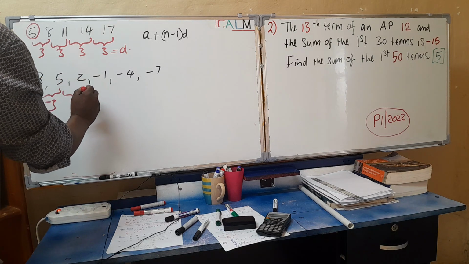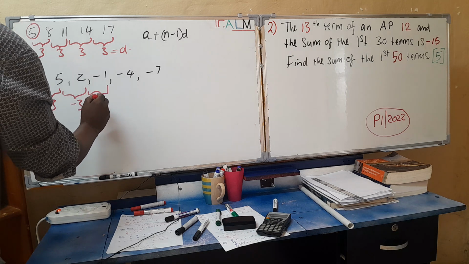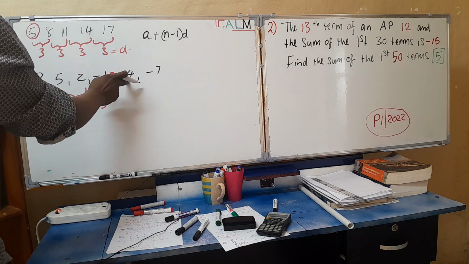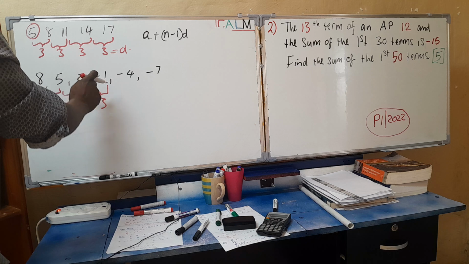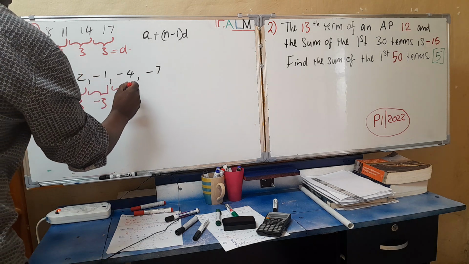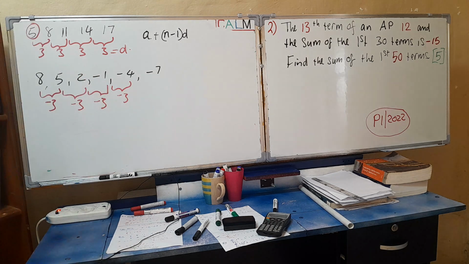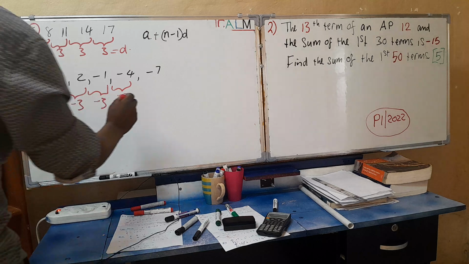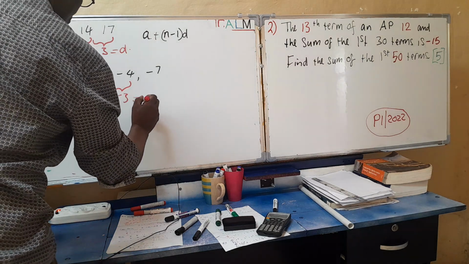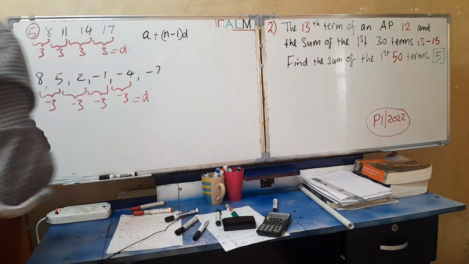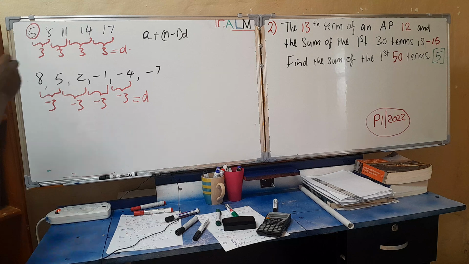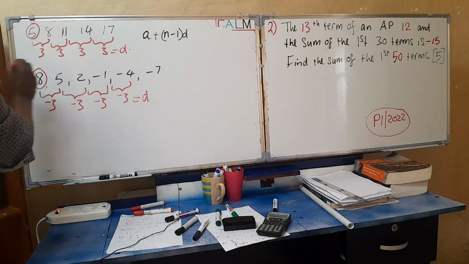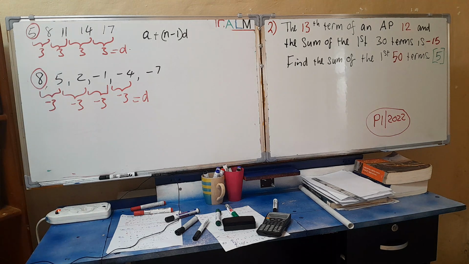Minus 1 minus 2 is equal to minus 3. Minus 4 minus minus 1 again is equal to minus 3, and so forth. So minus 3 is a constant which is equal to the common difference. Of course, in this case, the first term is 8.